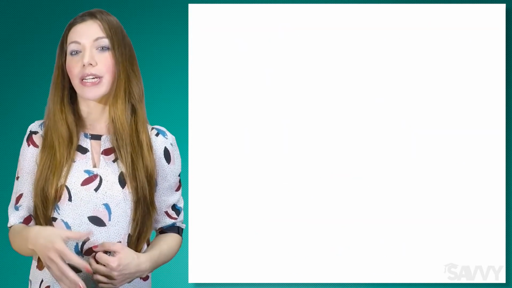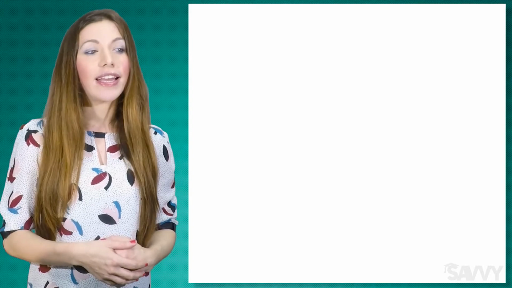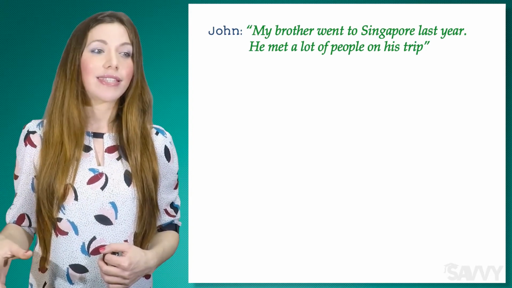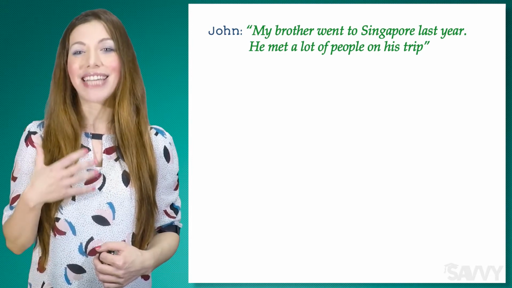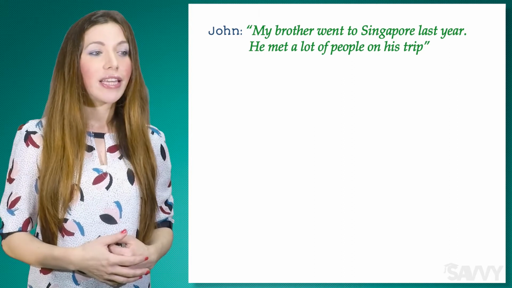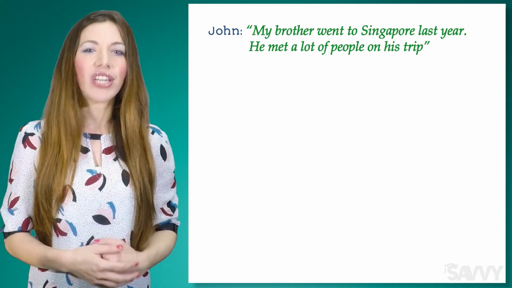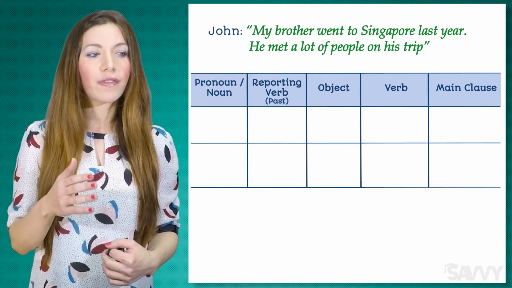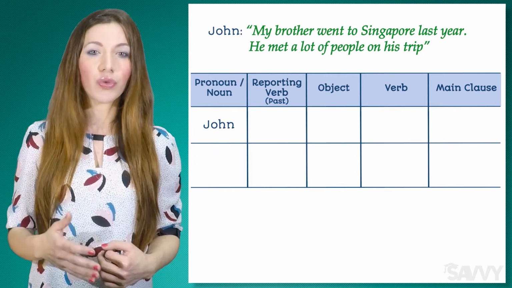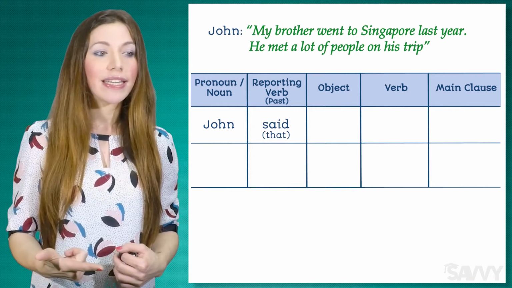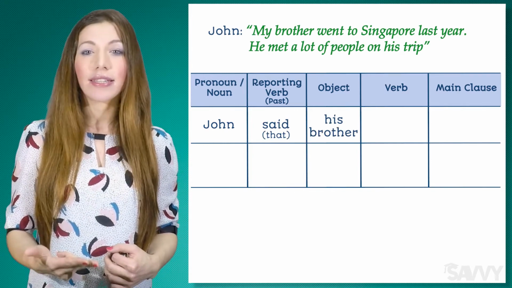Let's look at some other things that John told Gilbert during lunch break. John said, my brother went to Singapore last year. He met a lot of people on his trip. So how would we change this to reported speech? We have the noun, John, the reporting verb, said, the subject, his brother.